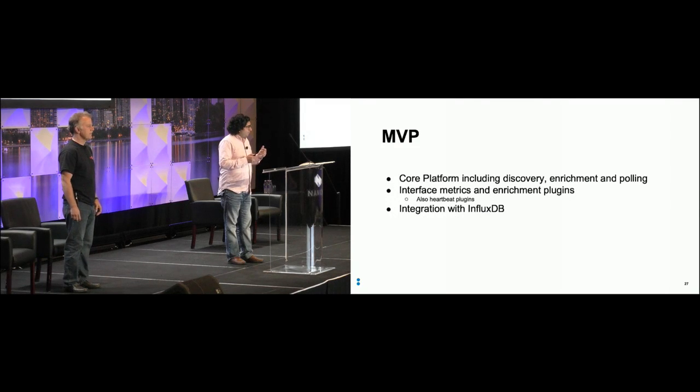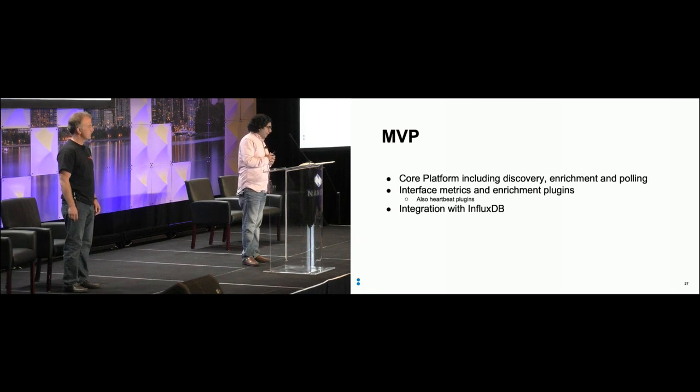We are releasing an MVP. We're open sourcing the core platform that includes the 3 subsystems that I've been talking about. We are open sourcing interface metrics and enrichment plugins. This is a very small subset of the plugins we have, but in the spirit of releasing an MVP, this is what we'll be going to market with.